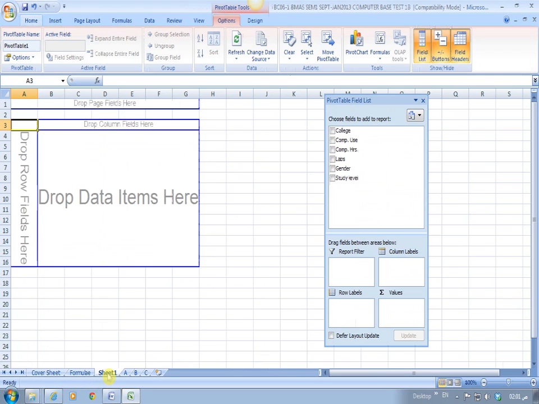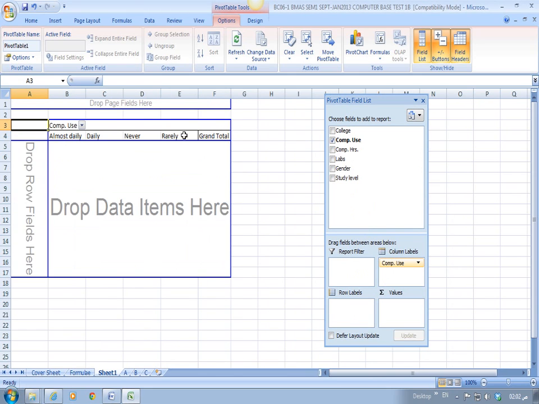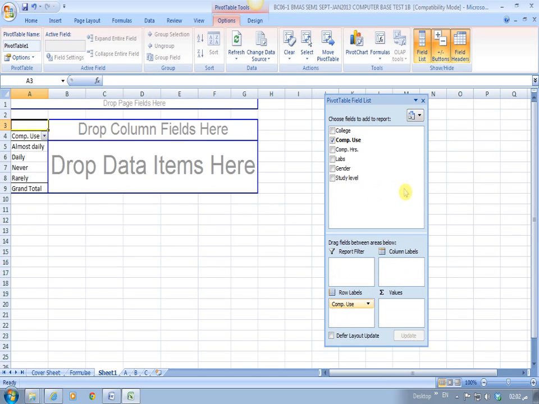So we click the field here, and this is the use of the computer. You can put it in the row when you click it, or you can drag it like this. See here, the shape is changing, either it will be up or it will be down.